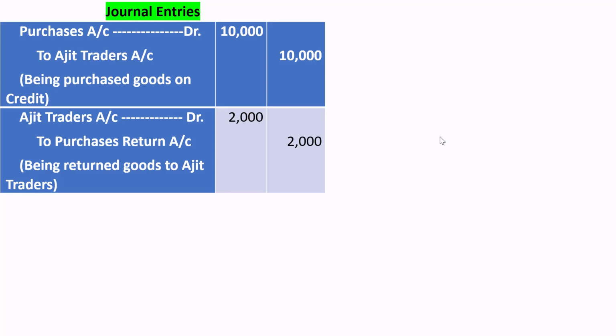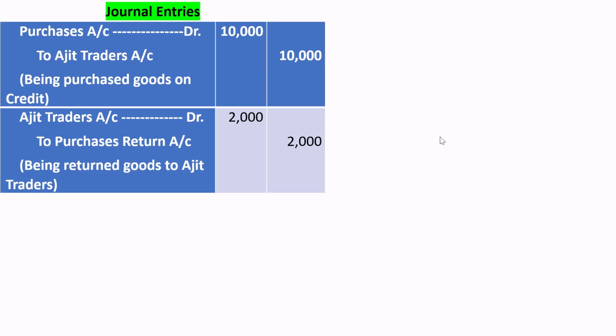Here Ajit Traders account is debited because he is a receiver. His credit balance we have to reduce by rupees 2,000. It means we have to pay 2,000 rupees less.